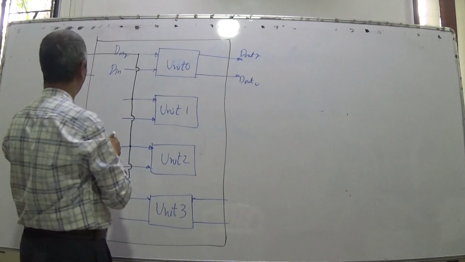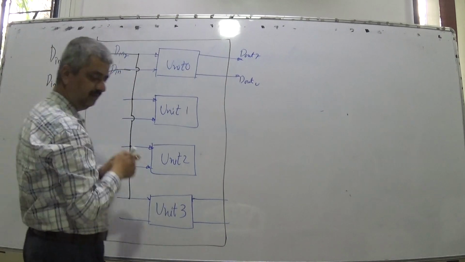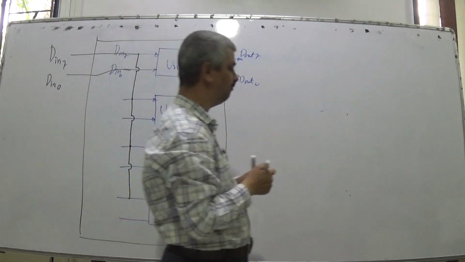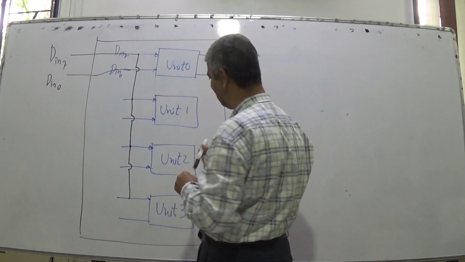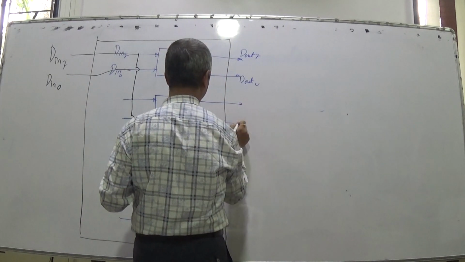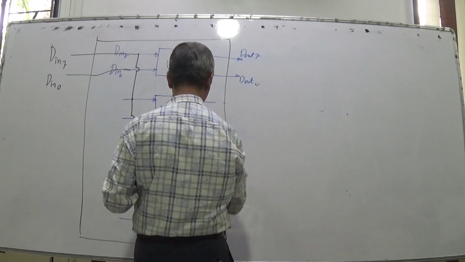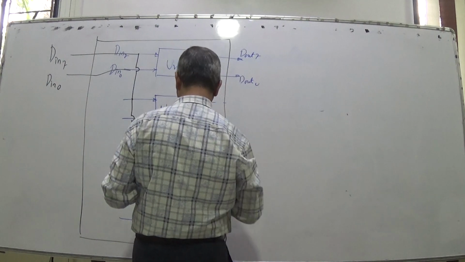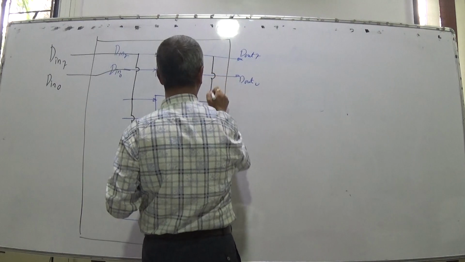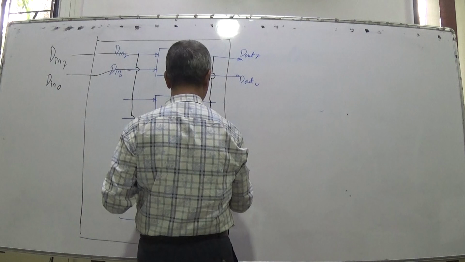So the same data lines will flow to all data in pins of the 4 cells, and the same is the case on the output side also. D out 7 lines of all are also combined. D out 7 to D out 7 of all, D out 6 to D out 6 of all.